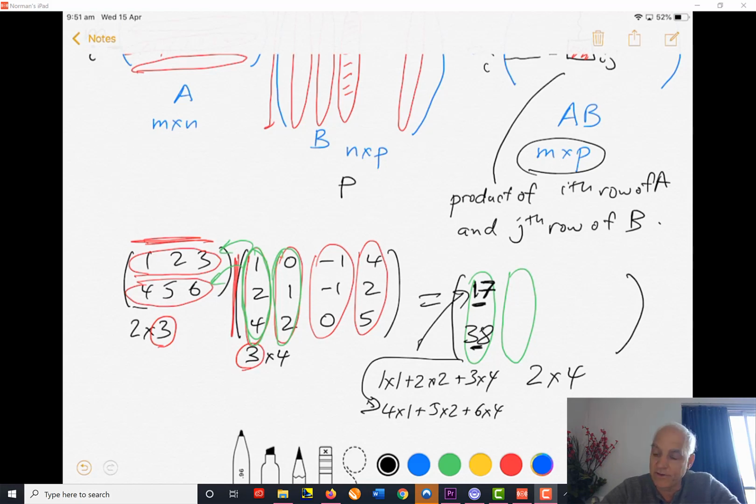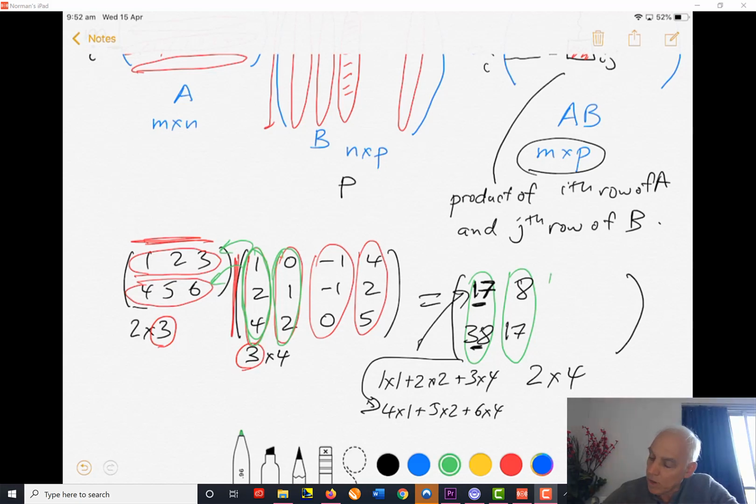And it's best if we do this in our heads, so you get to practice some arithmetic. Okay, so 1 times 0 is 0. 0 plus 2 plus 6 is 8. And then the next entry, we look at the second row of A, the 4, 5, 6 vector, still multiplied by that same column 0, 1, 2. So 4 times 0 is 0. 5 times 1 is 5. 6 times 2 is 12. 5 plus 12 is 17. So there's a 17 here.